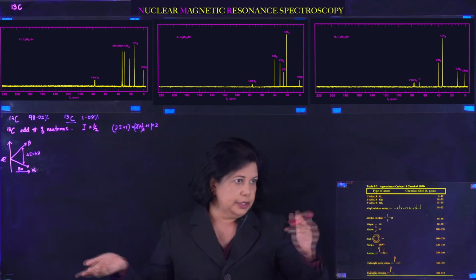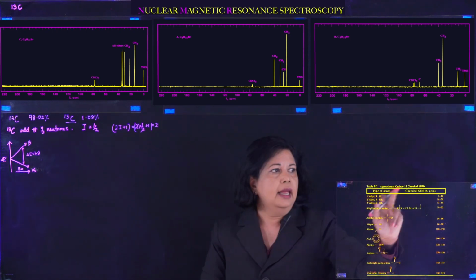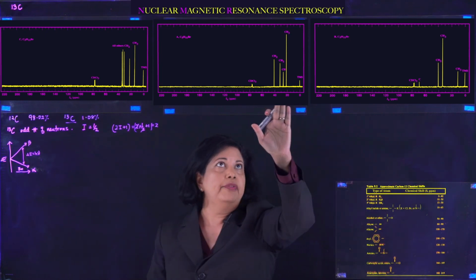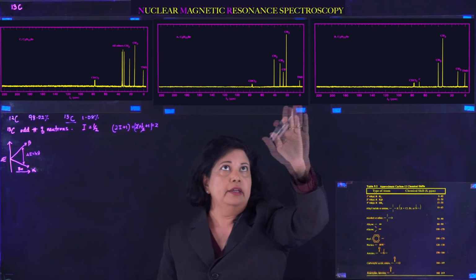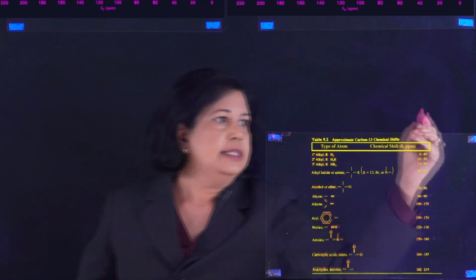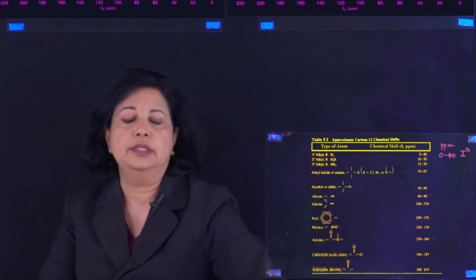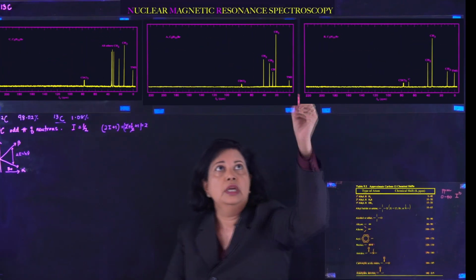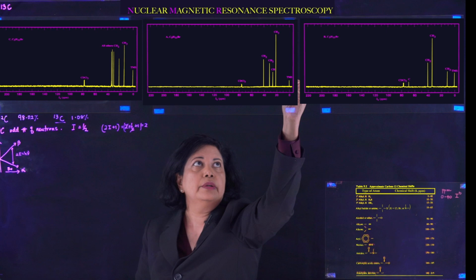There is a chart that you can look up, and alkyl carbons are typically found below 40 or 50. So 0 to 40 is going to be primary. This is in ppm, parts per million, and the scale is very similar to the one that we talked about in hydrogen. We do have TMS at 0 here.